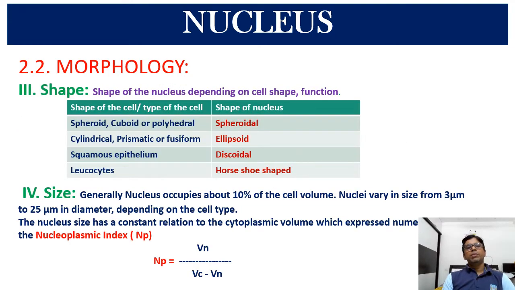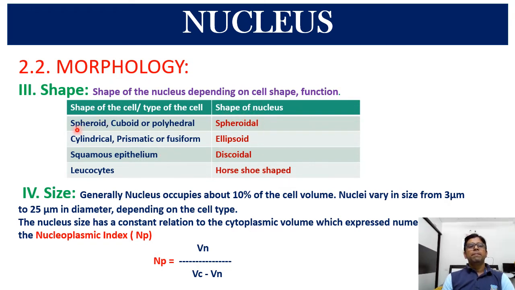Let us come to the shape of the nucleus. The shape of the nucleus mainly depends on cell shape and function. Here you can observe a table. In the first column, I have given the different shapes of cells, and in the second column, the shape of the nucleus which the cells possess.